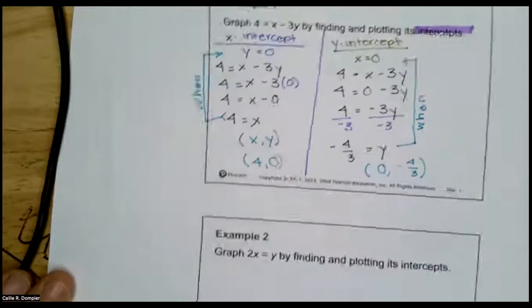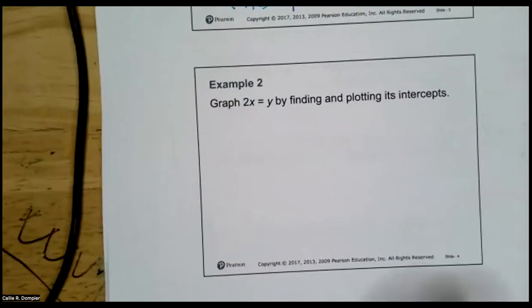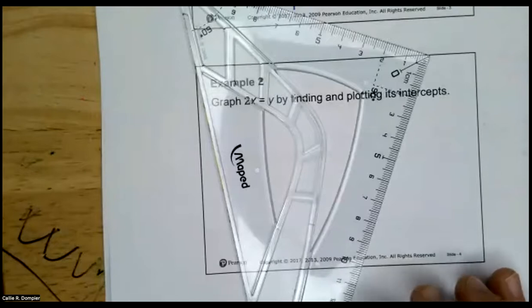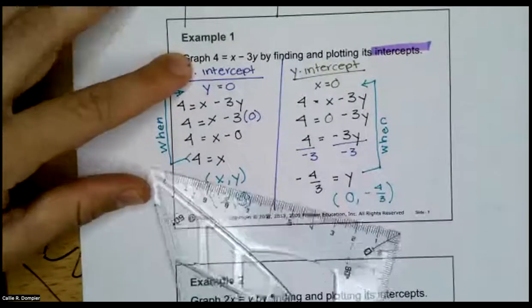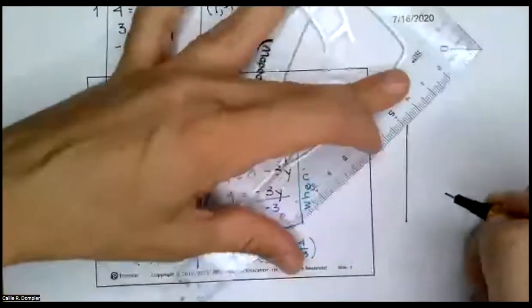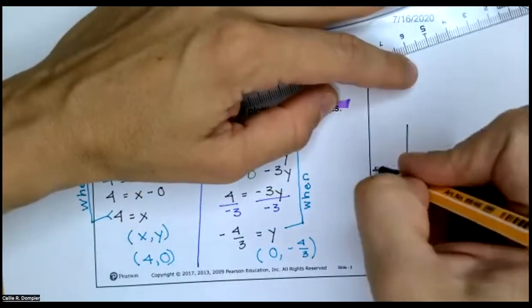So that's example 1. Example 2, we're doing the exact same thing, okay? Now we have it set equal to Y. It doesn't need to be set equal to Y, but it says graph it by finding and plotting its intercepts. We graphed it on Desmos, but you can then, just to make sure you know it, right?